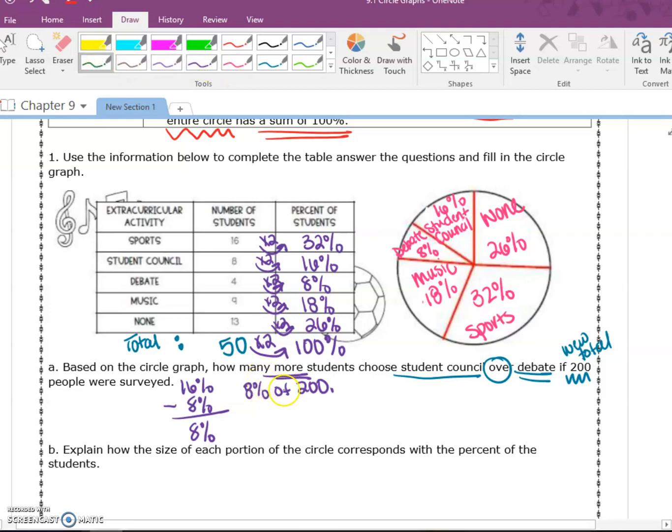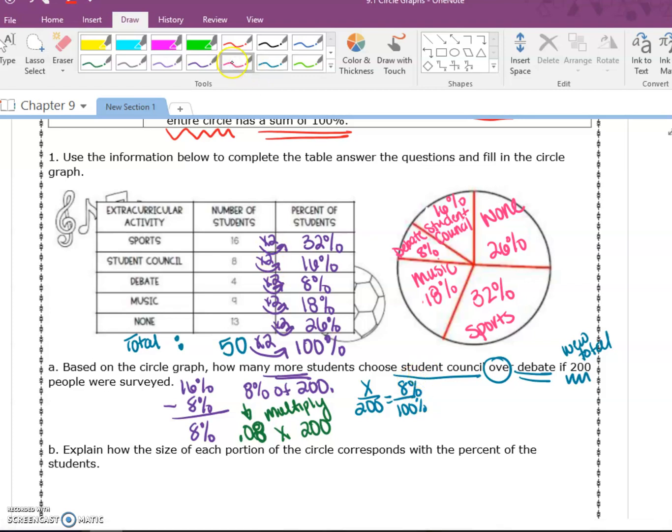So if I have of, that means to multiply. Remember, if I have 8%, 8% is 0.08 as a decimal. So then that times 200. So I could do it that way, or I could set up a proportion. A percent proportion would be x over 200 equals 8 over 100, because those are my percentages.